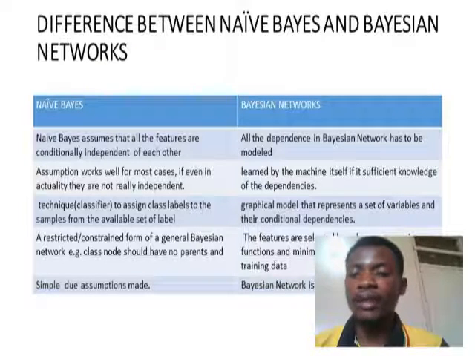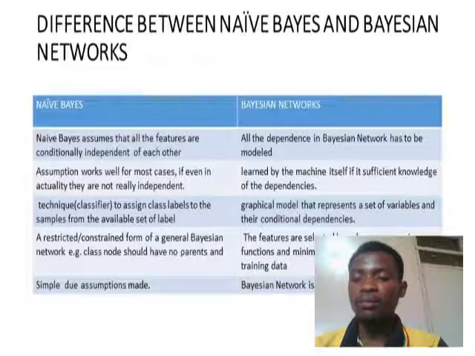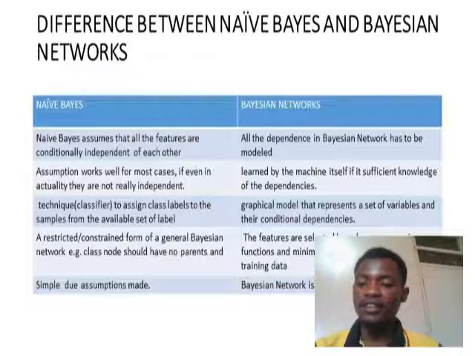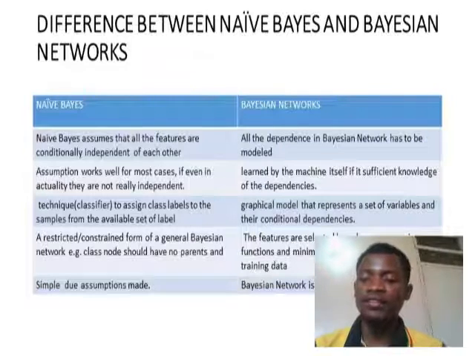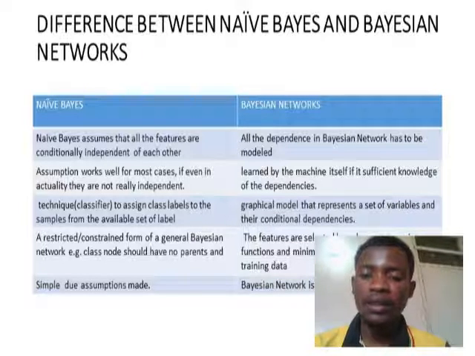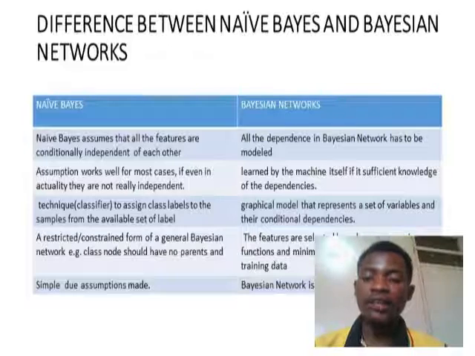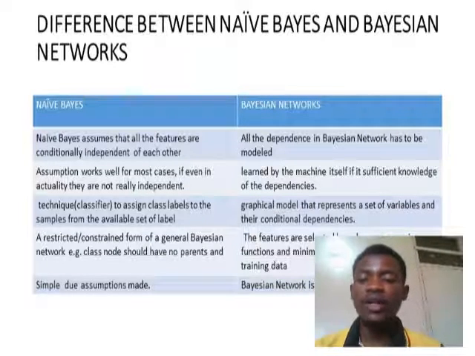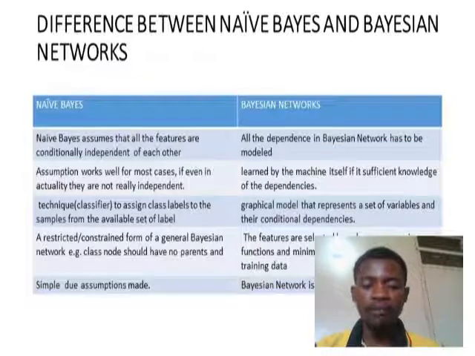Naive Bayes is simple, due to the assumption made. It is very simple to come up with. Whereas for a Bayesian network, we have to use a graphical model that presents a set of variables and their conditional dependencies. That is the difference between both of them.